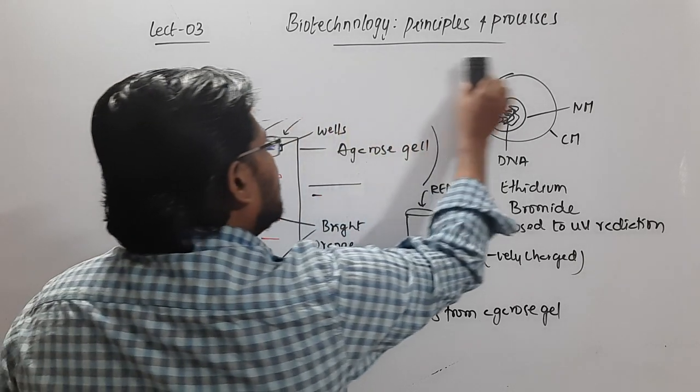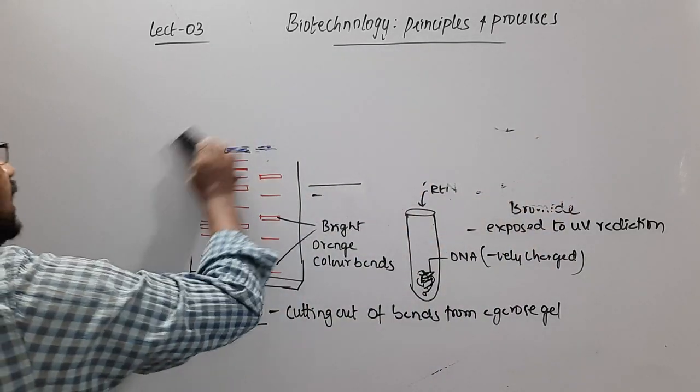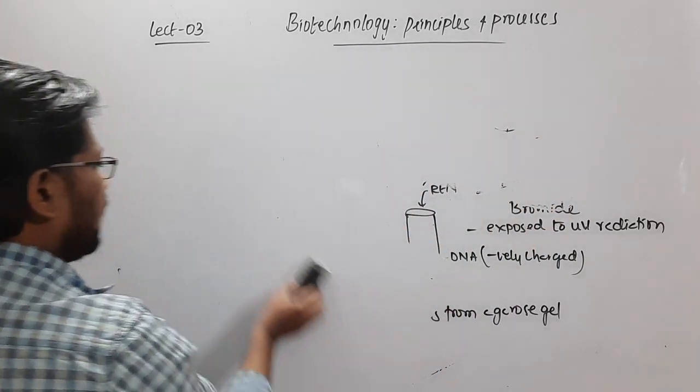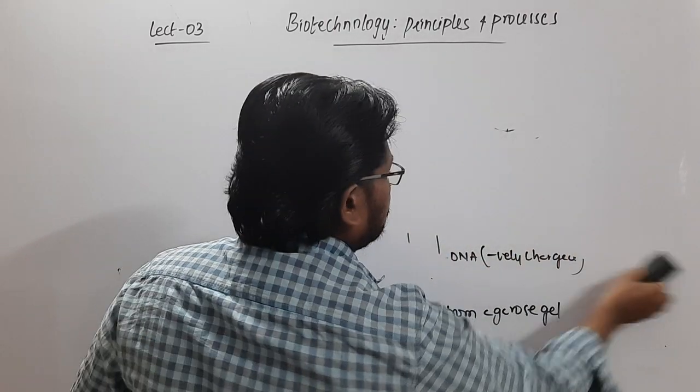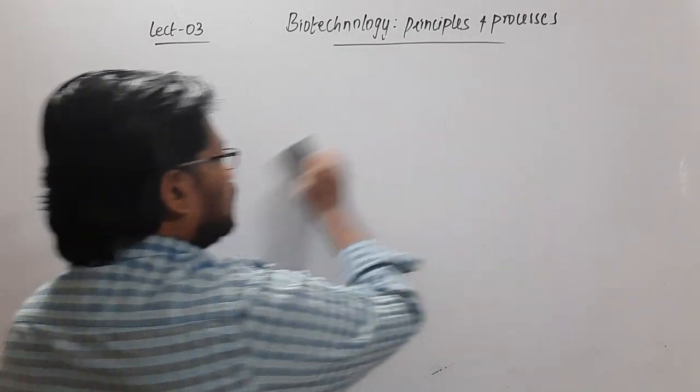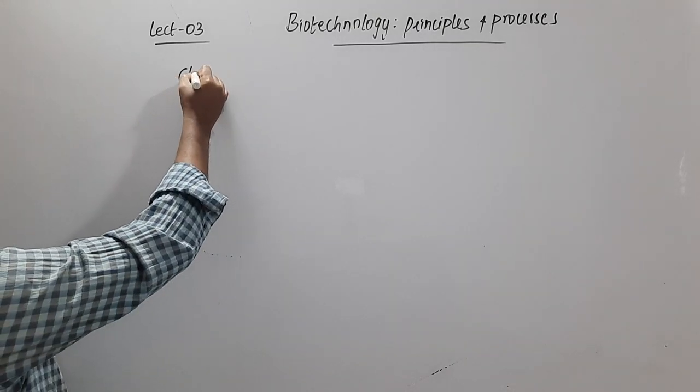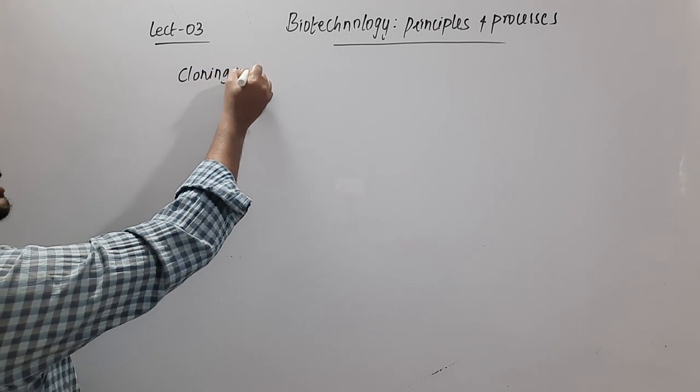Then next, we'll see in detail about the cloning vectors. To deliver that piece of gene of interest into the host, we need to use these cloning vectors. So these cloning vectors are vehicles for delivering the gene of interest.